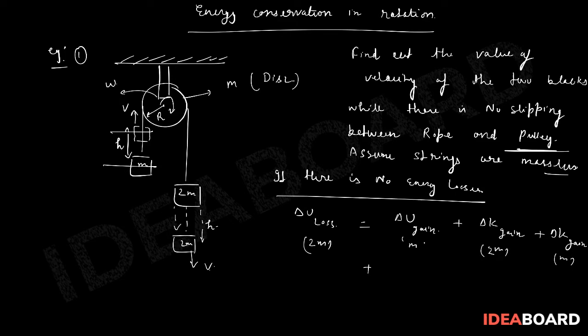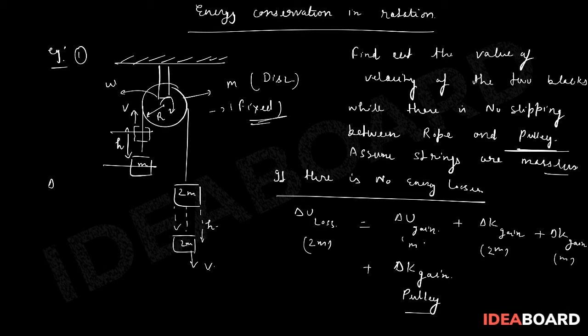So that means there will be some change in kinetic energy, so there will be delta K gain for pulley, and obviously this is a fixed pulley, so it is not changing its height, so potential energy will not be changed. So now these all terminologies you need to find.